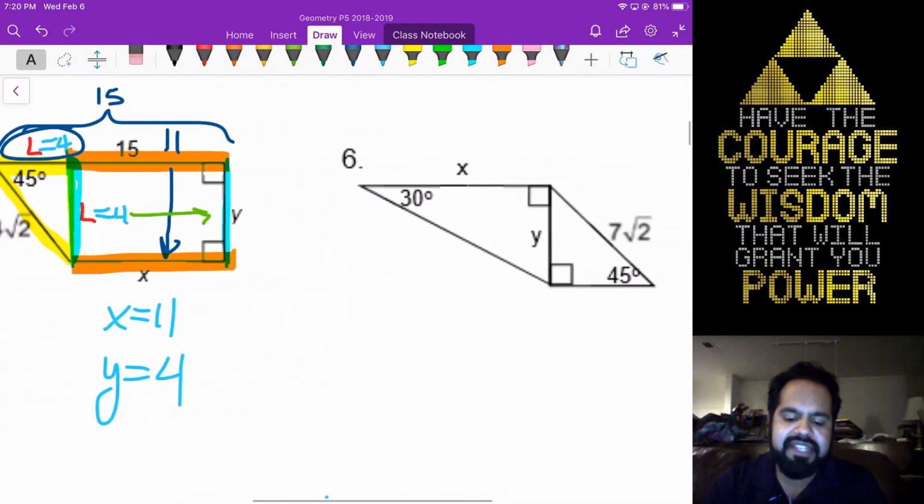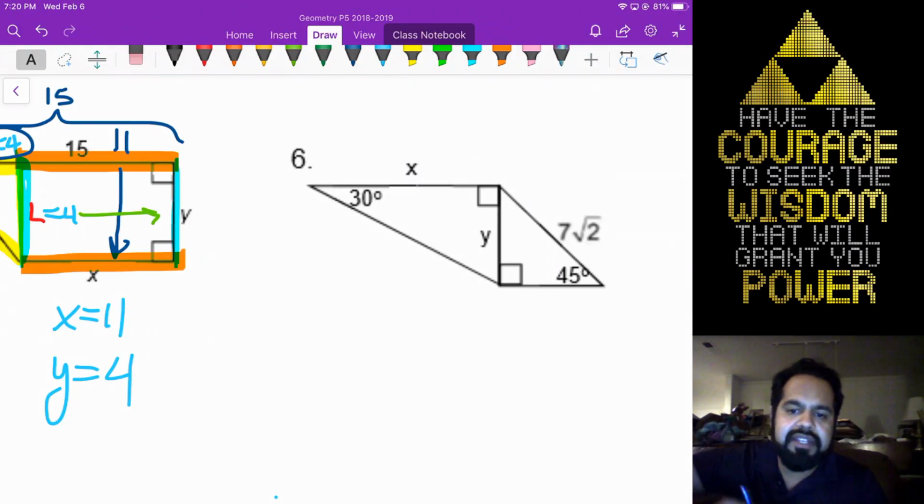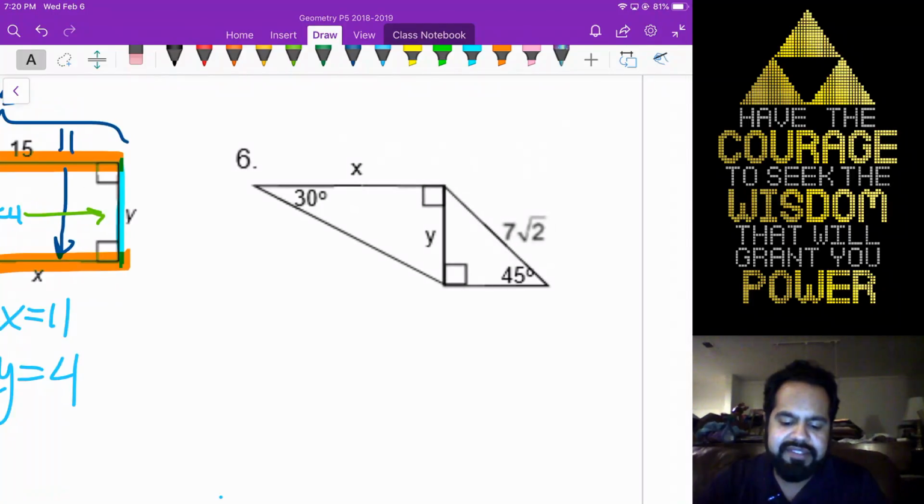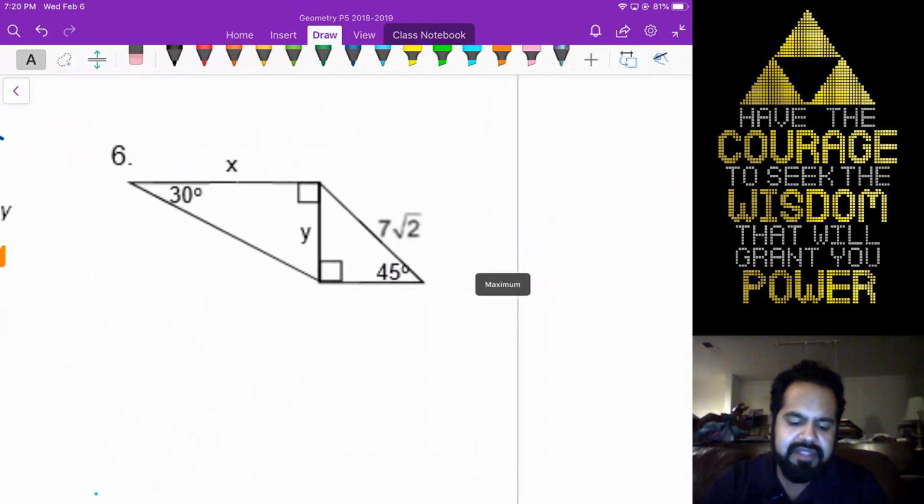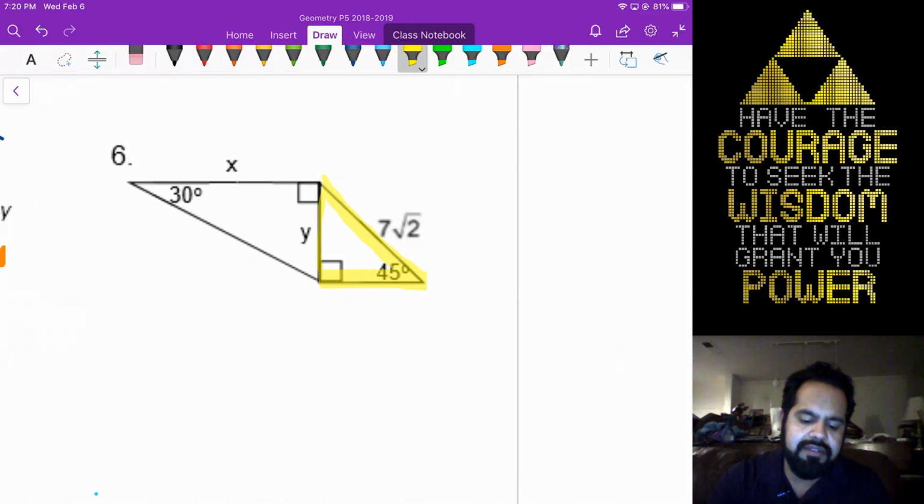All right, number 6, same thing as what Elijah and Ethan were both asking. All right, so again, I'm dealing with a special right triangle here. I kind of need this in order to solve this. So what I'm doing here is I'm seeing, hey, same thing.